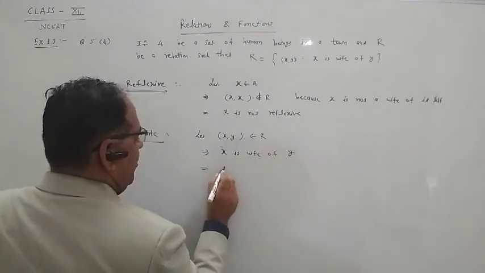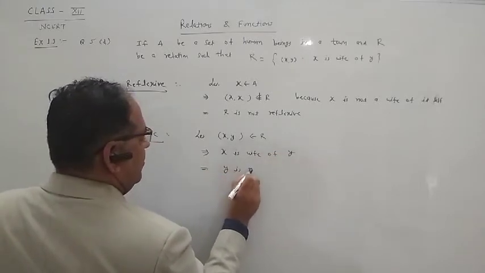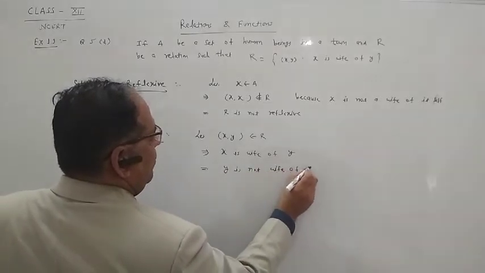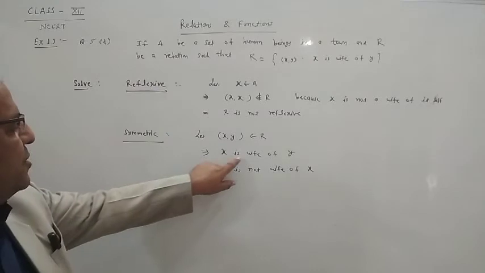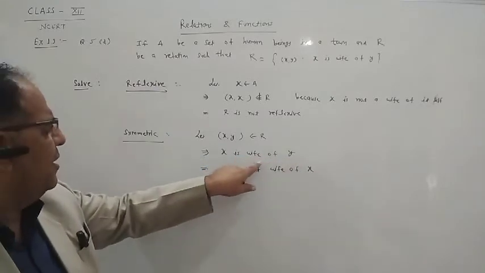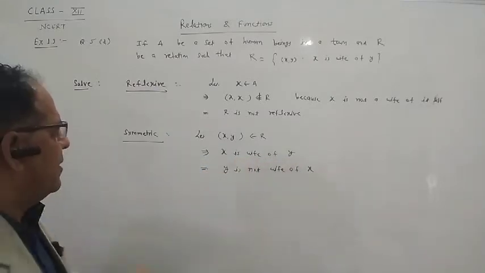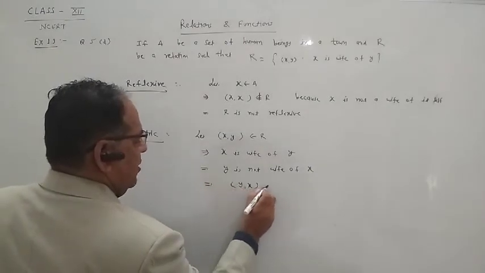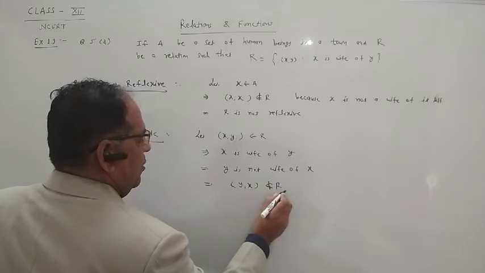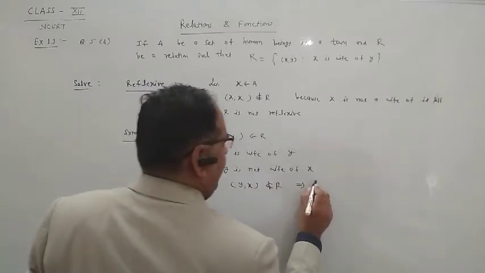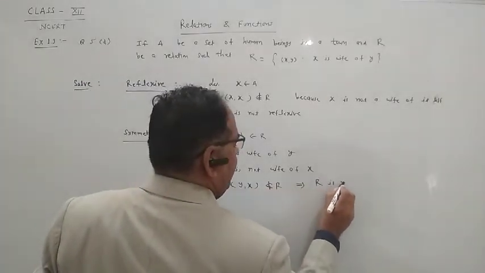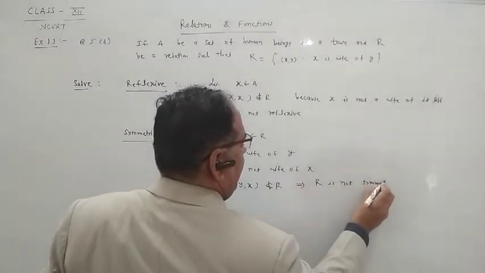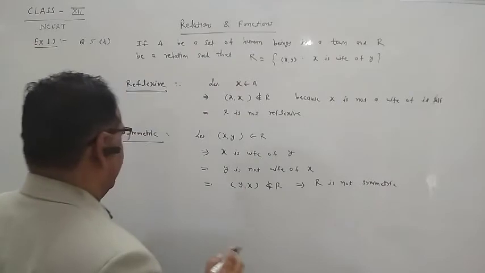This implies that y is not the wife of x. If x is the wife of y, then clearly y can never be the wife of x. So (y, x) does not belong to R, so R is not symmetric.